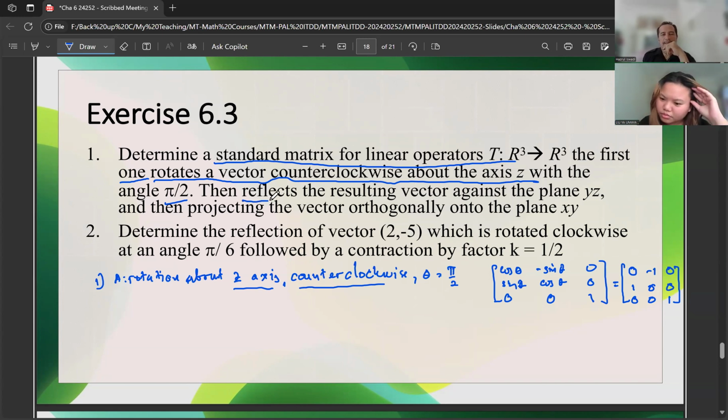Then reflection against the YZ plane. YZ plane means that x will be 0.